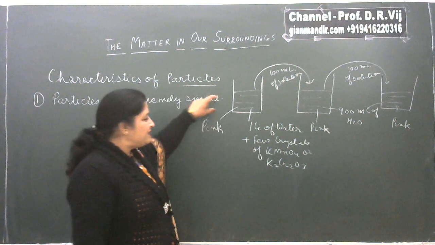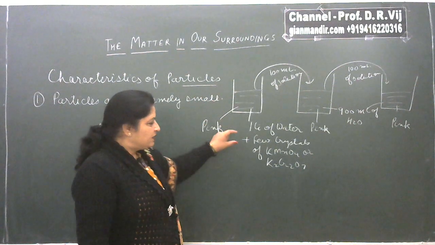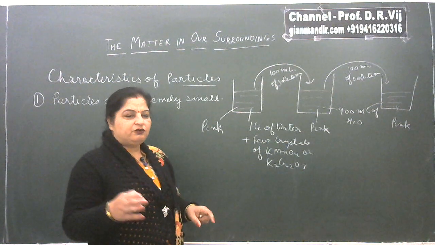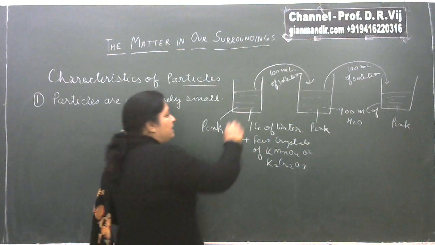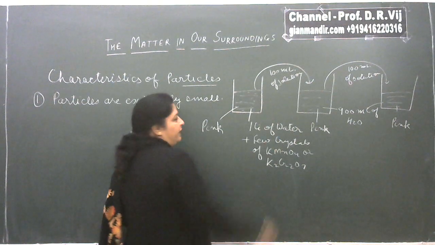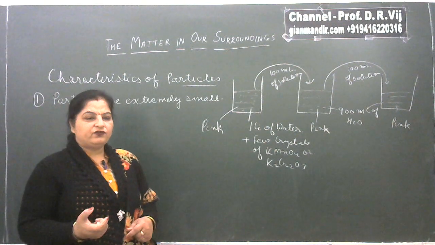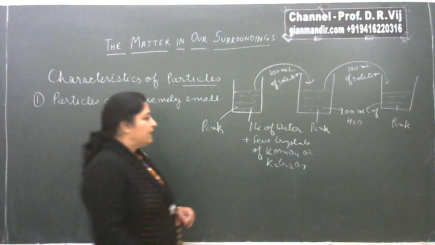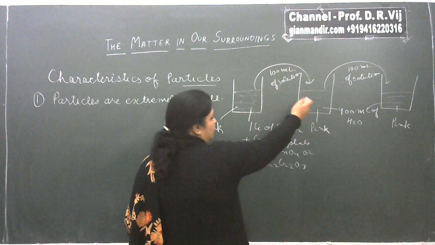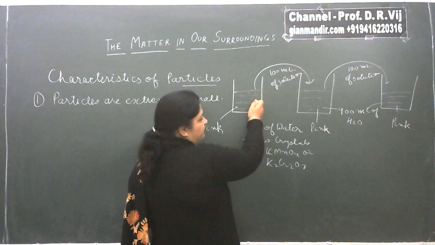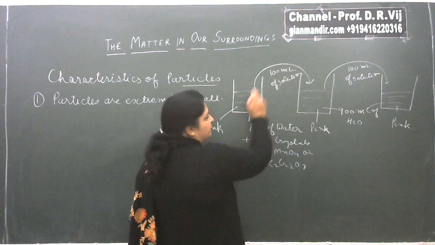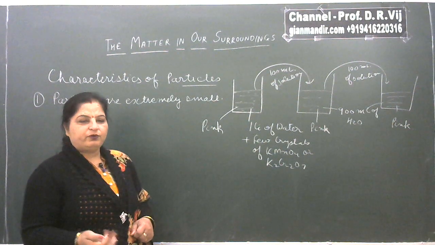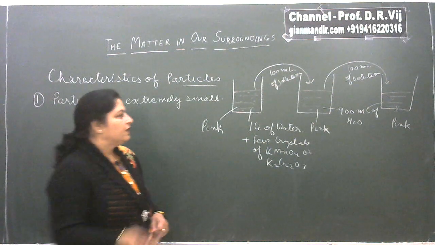Why? The first solution was colored because the crystal of potassium permanganate we added has broken down into a number of smaller particles, and all these particles were evenly distributed, right? So you can say that the color of the solution is because of the particles of potassium permanganate. When you transfer this solution to another beaker, some of the potassium permanganate particles from beaker 1 are shifted to beaker 2, and again the solution of beaker 2 became colored, right?